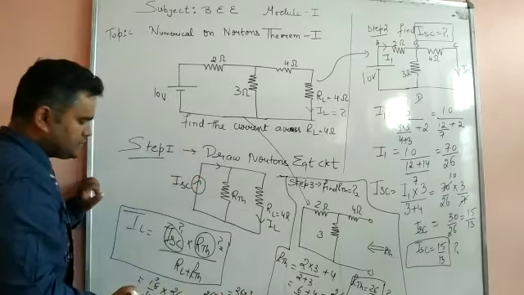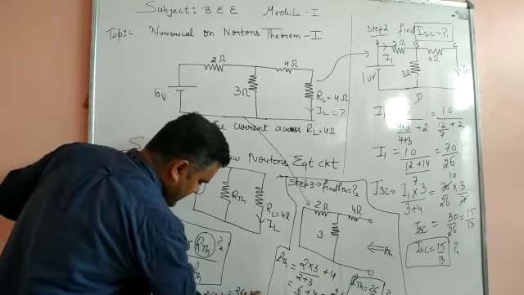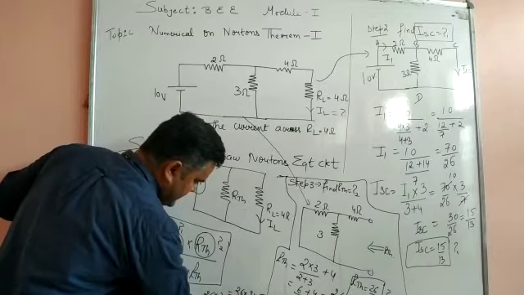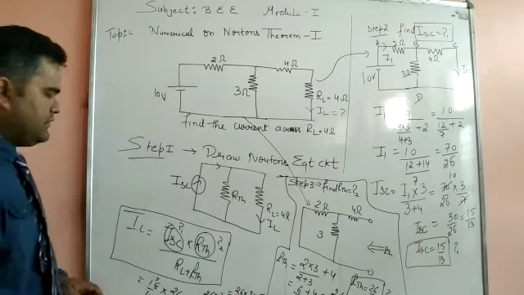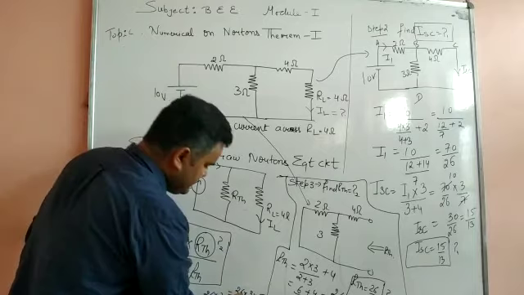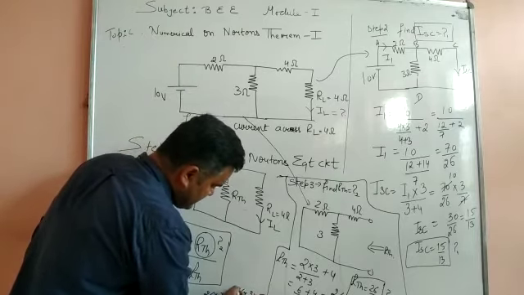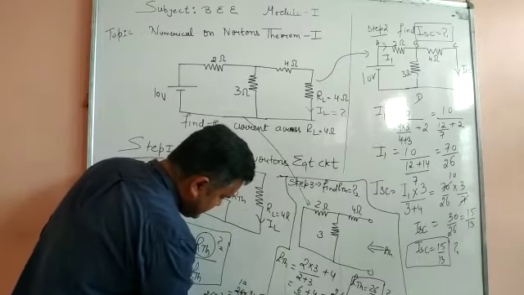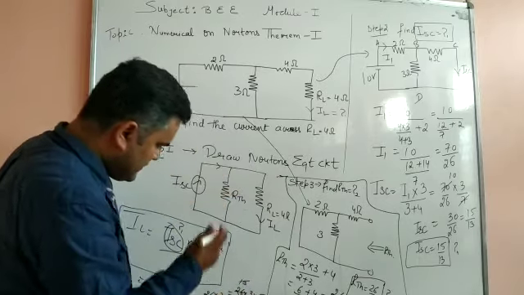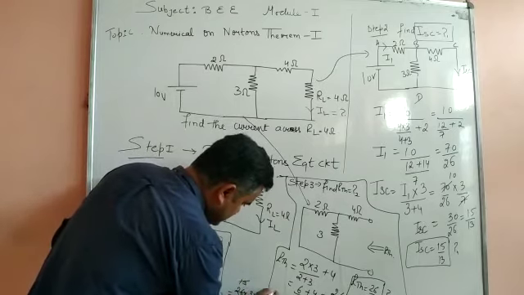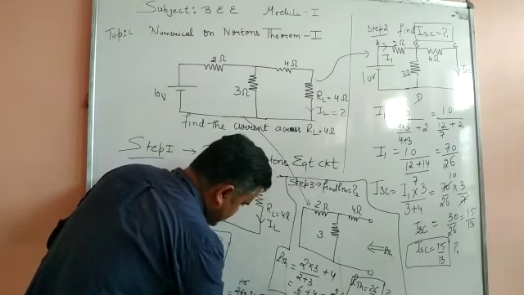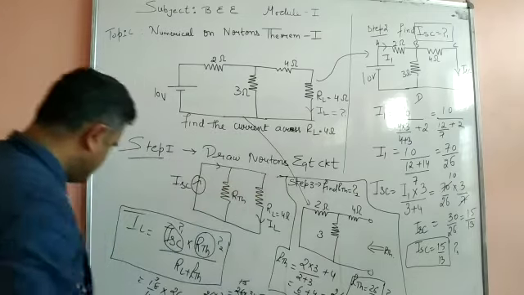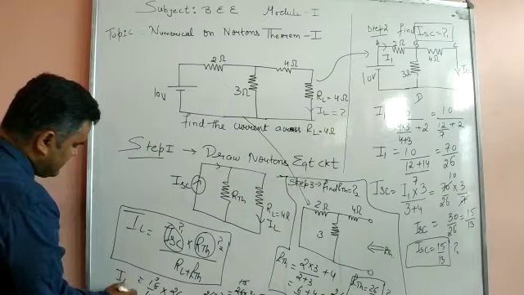Now on solving, you will get the answer. This is 13, this is 23, 13 cancelled. And the answer is 15 upon 23.